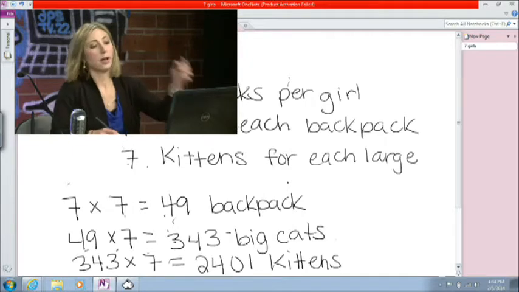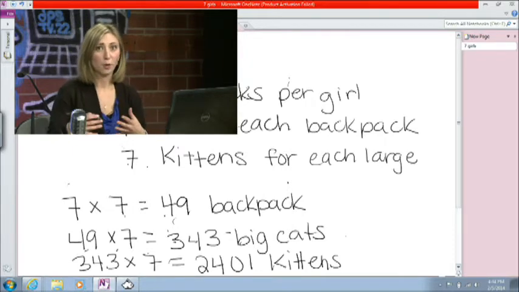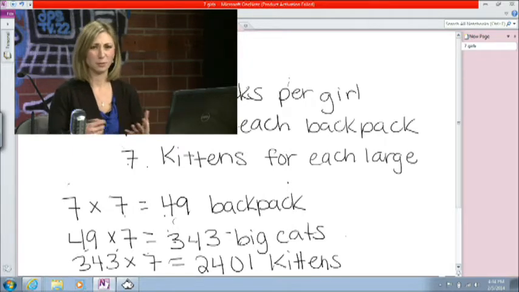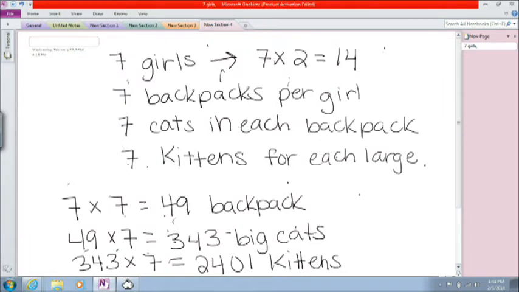Okay, so at this point we have all of our information. We know how many animals and people are on the bus. Now we have to figure out how many legs we have. We'll start with our girls, and we know humans only have 2 legs each. So with our girls, we have 7 times 2, which gives us 14 legs. Backpacks don't have legs, so we don't need to worry about that.